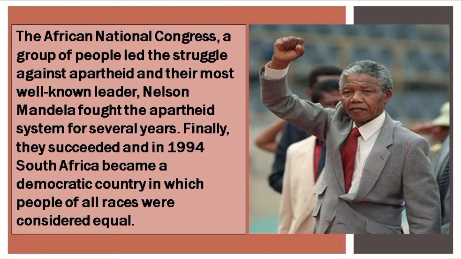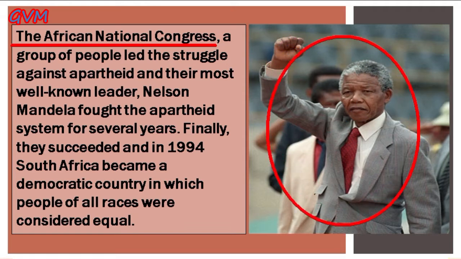But students, ultimately the African National Congress led the struggle against apartheid, and their most well-known leader was Nelson Mandela. And after a long struggle, in 1994, the country became a democratic country, and now all the people are considered equals.